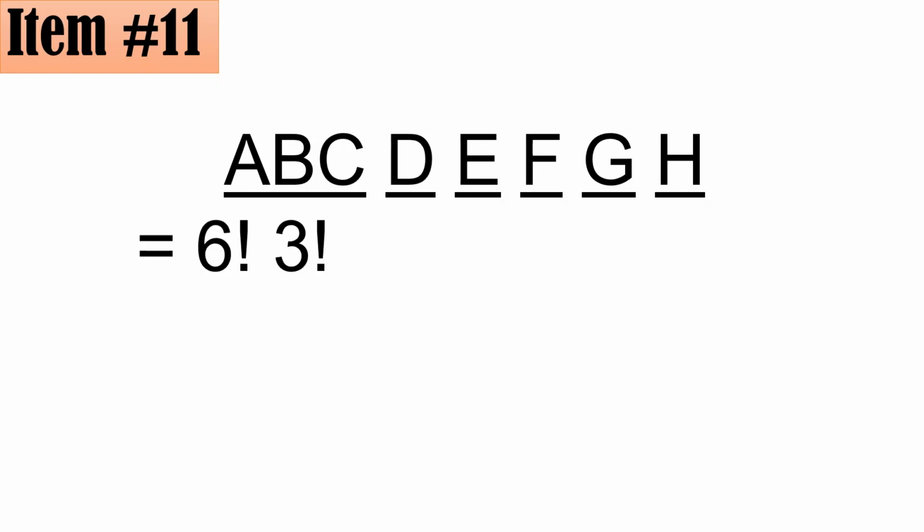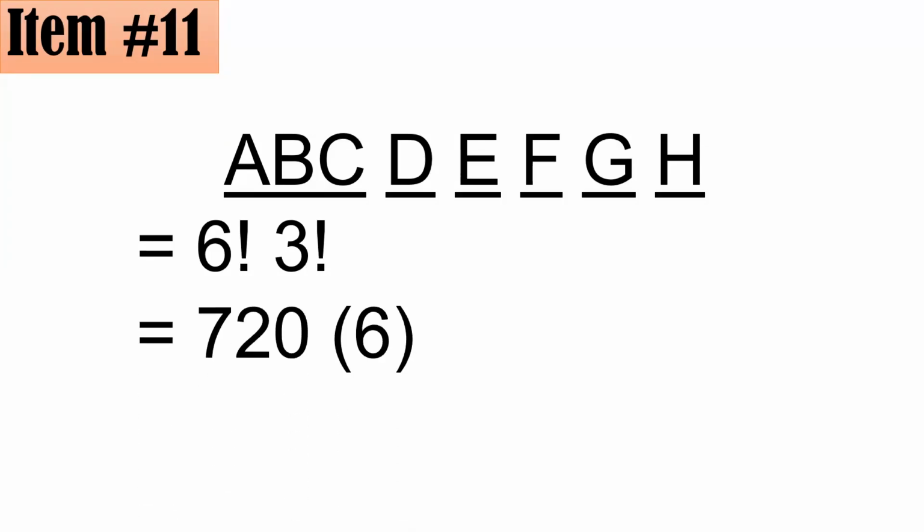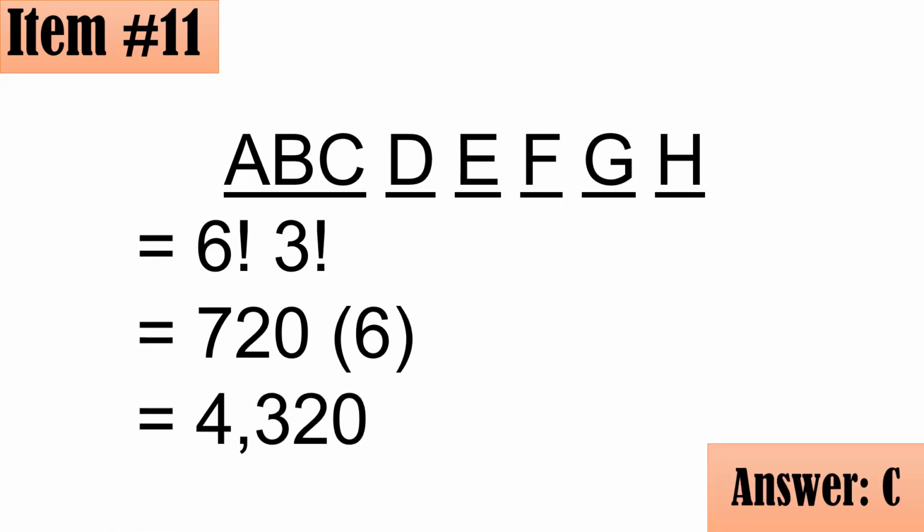That's why we need these 3 people, A, B, C, can still arrange in 3 factorial ways. And 6 factorial, di ba, is 6 times 5 times 4 times 3 times 2 times 1, which is 720 times 3 factorial, which is 6. And therefore, it's 4,320 ways in all.